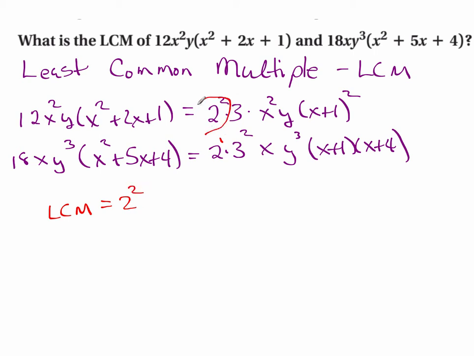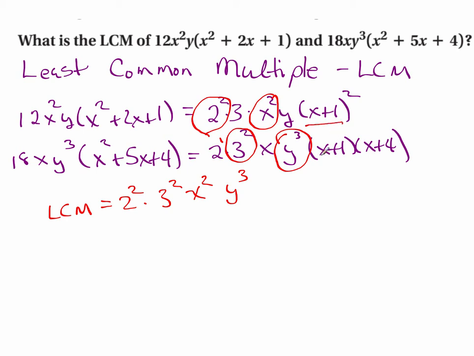So I'm going to take that term. The least common multiple between 3 and 3 squared is 3 squared. The least common multiple between x squared and x is x squared. The least common multiple between y and y cubed is y cubed.